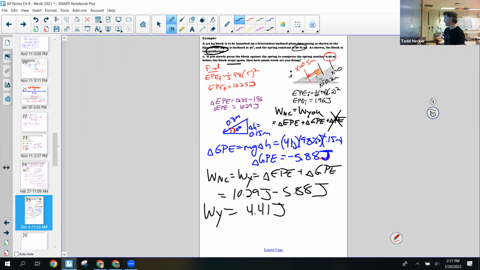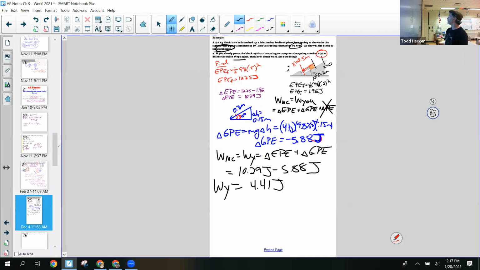Cool. Now, if you wanted to, you could now find the force that you exerted if your force was constant. I guess we could even find the average force. So work of U equals force of U times displacement. So this really would be your average force.